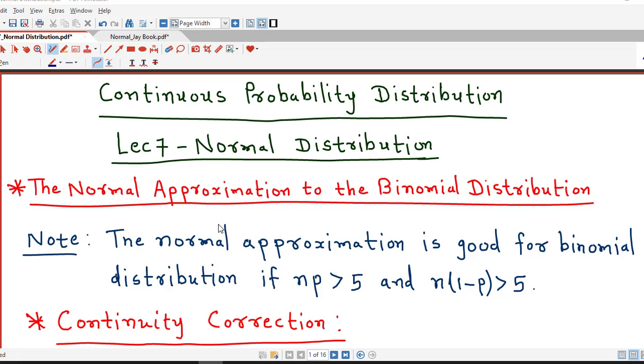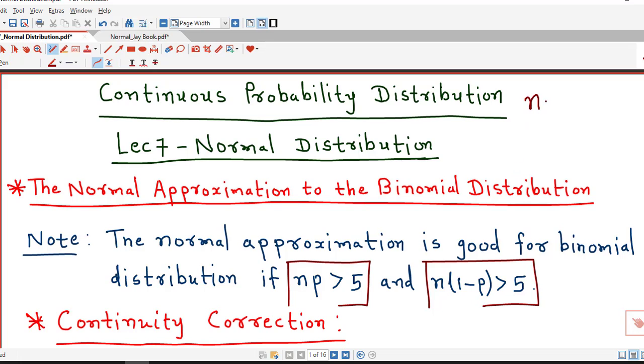In the previous lecture we discussed that if the number of trials in a binomial distribution is large, then under certain conditions we can apply the normal distribution to approximate the binomial distribution. As we have discussed, the normal approximation is good if n into p is greater than 5 as well as n into 1 minus p is greater than 5.